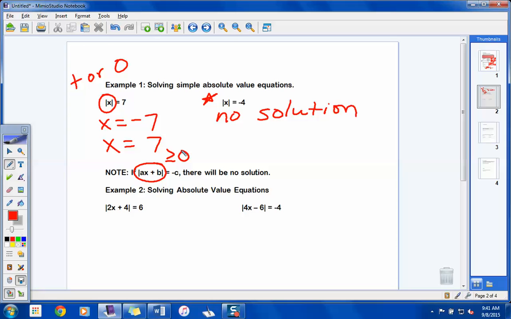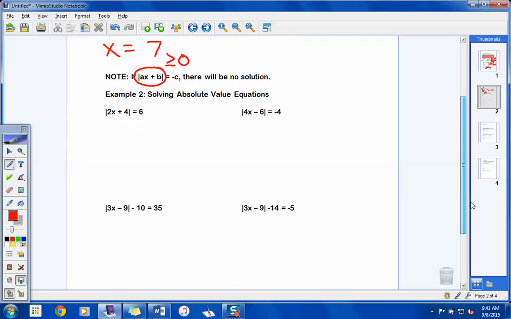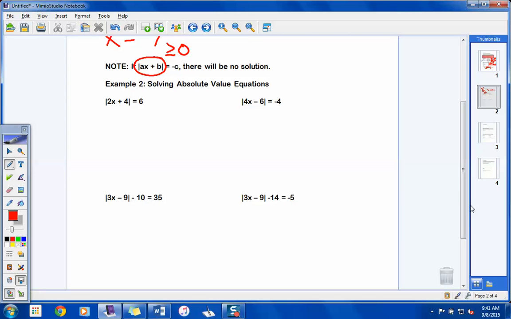Okay? So let's check this out quick. Let's see if we can figure this out. I don't want to confuse you too much. I think this is going to get a little bumpy for some of us. But guys, look at the part that's an absolute value right here. The part that's in there is 2x plus 4, right? Now, I'm going to go to the right of this.